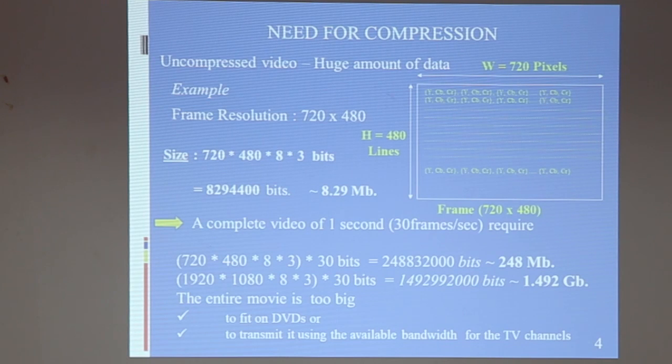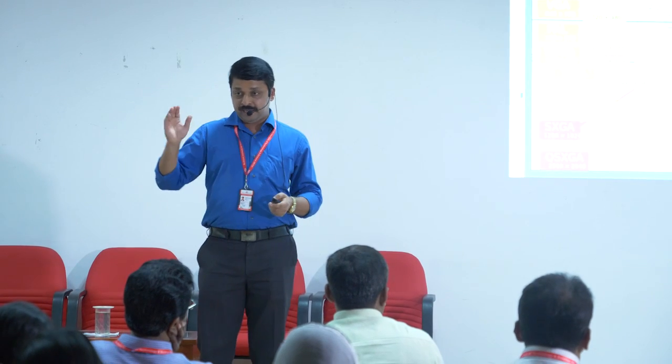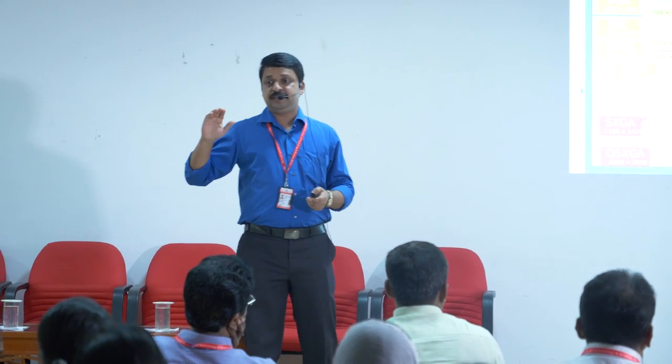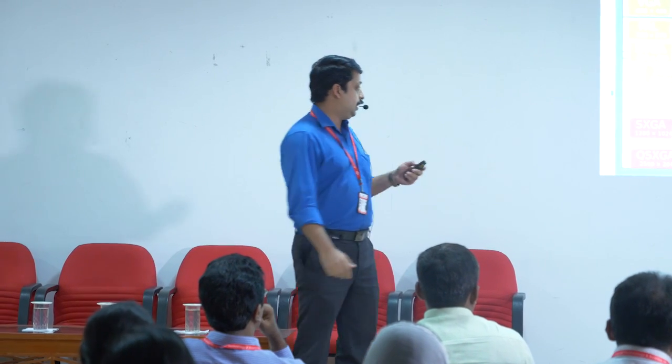Nowadays everybody is going with higher and higher resolutions. Full HD is there, and we also have videos like 4K, 2K, etc. So there are different image resolutions, and the number of bits or bytes depends on length and breadth. When you increase the length and breadth, those values are multiplied by 24. Again, when the number of frames is 30, for a 1 second video you have to multiply by 30.